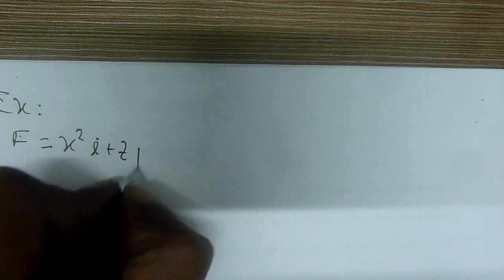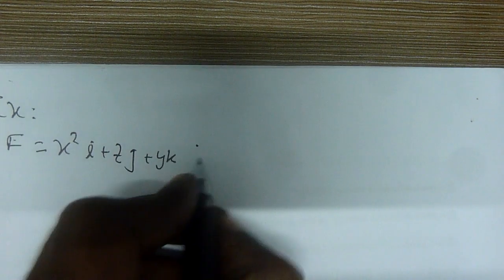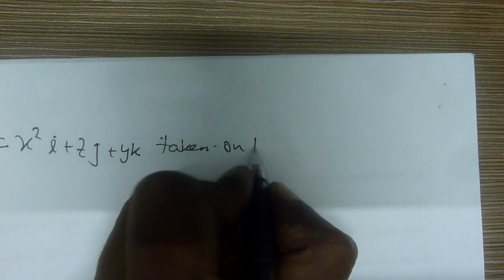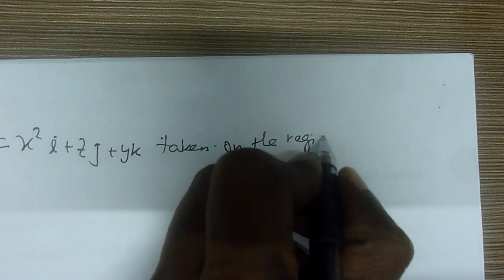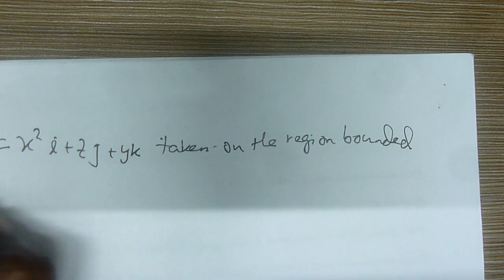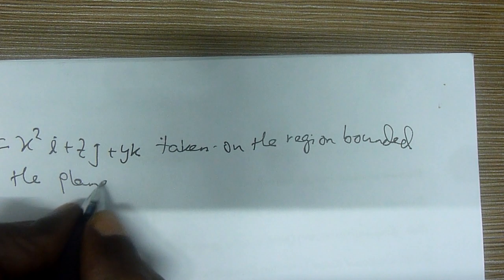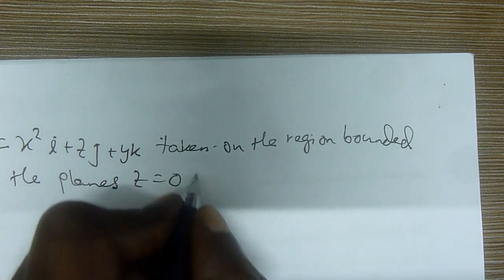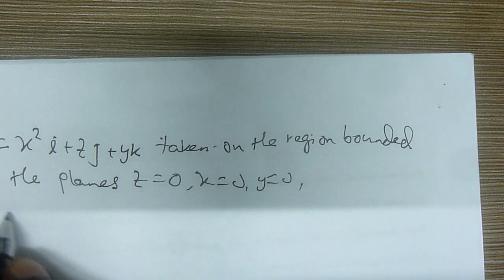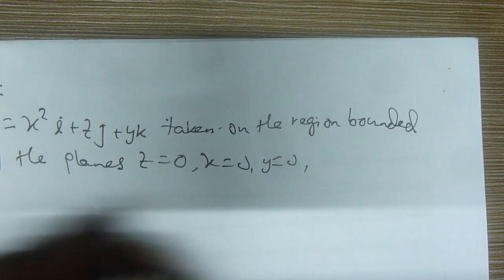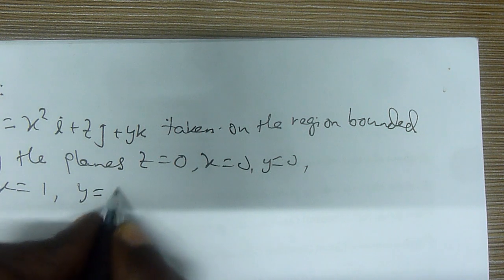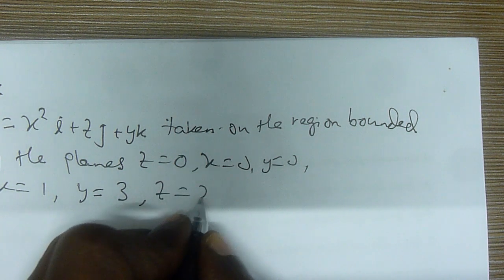2i, z j, y k, taken on the region bounded by the planes x equals 0, y equals 0, z equals 0, and x equals 1, y equals 3, z equals 2.